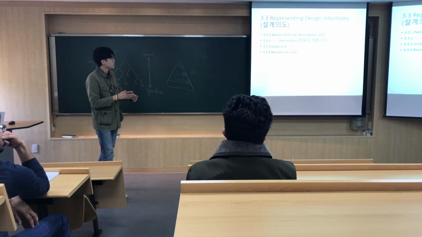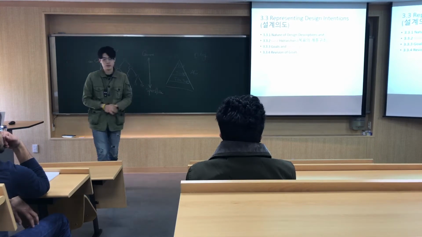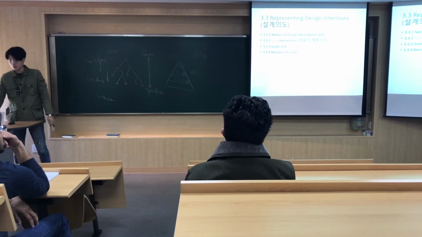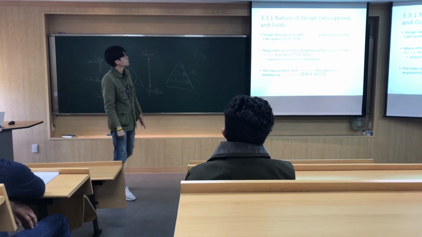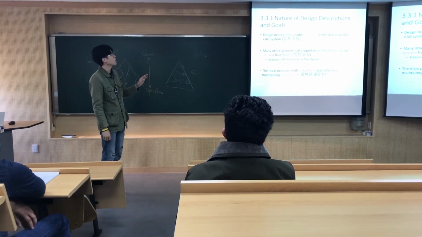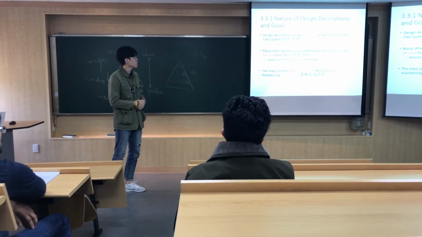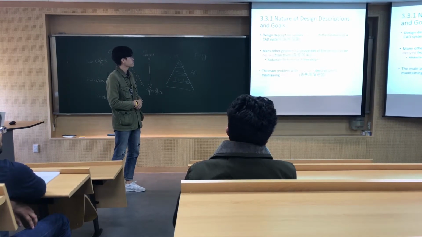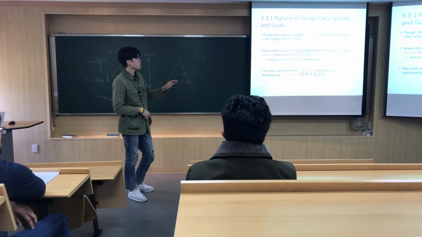Okay, final chapter: representing design intention. Design descriptions reside explicitly in the database of a CAD system recently, and many other geometrical properties of design can be derived from those descriptions.